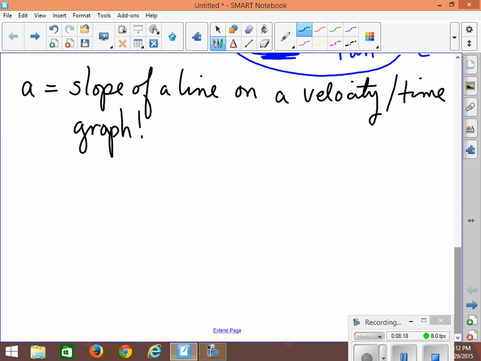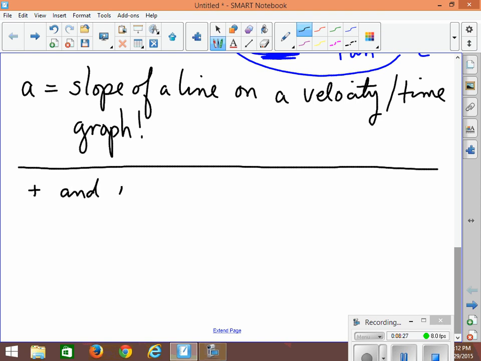Let's look at what happens when you start thinking about positive and negative accelerations. Up until now, we've talked about displacements and velocities, and we know that positives and negatives can actually indicate direction.